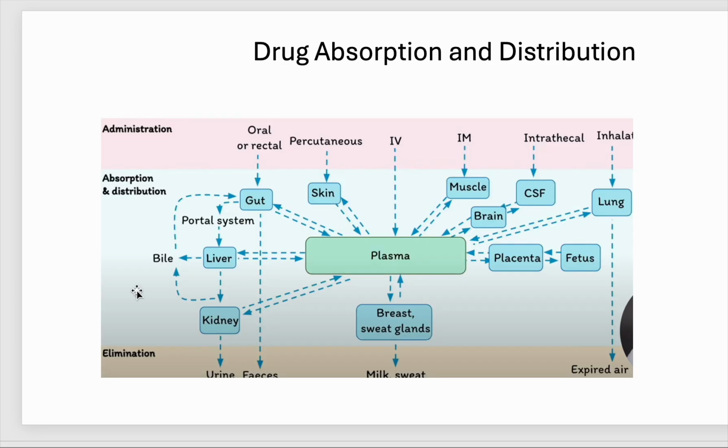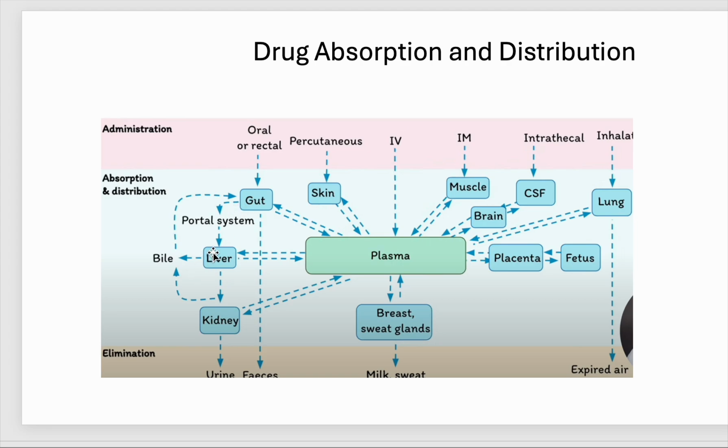So yes, here, in case of oral or rectal administration, the drug first goes to the gut, that is the GIT. From there, it can go to the liver via the portal system, where the liver first metabolizes it, and it goes to the bile, and then again to the gut.